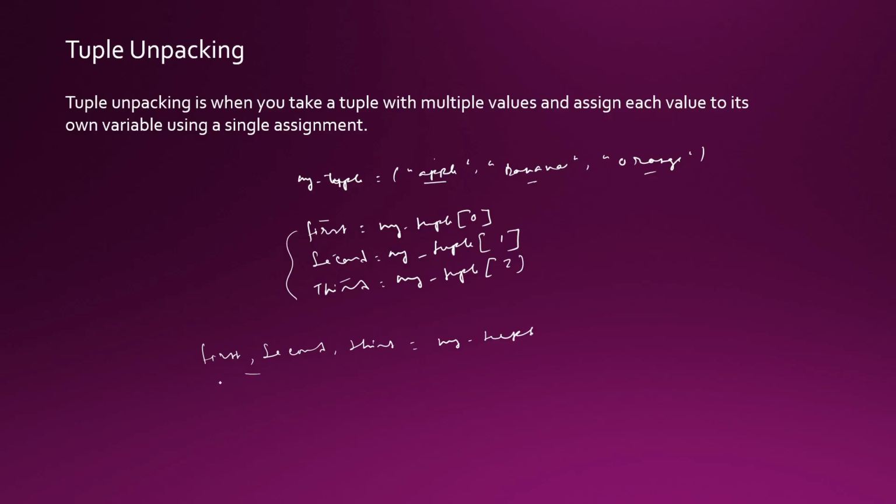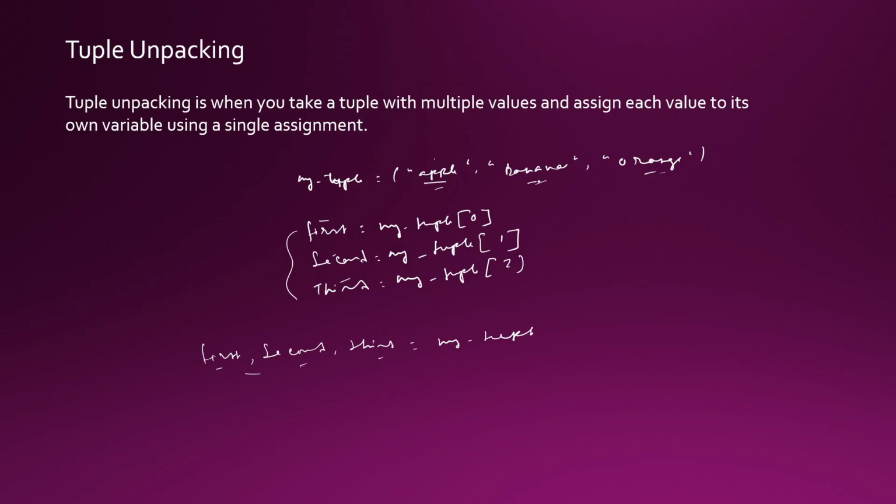Automatically the first variable will store the first value, the second variable the second value, and the third variable the third value. So this is called tuple unpacking. But remember, whenever you write this type of syntax, your number of variables has to be the same as the number of elements in the tuple.